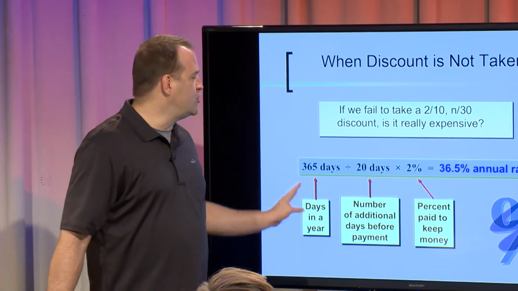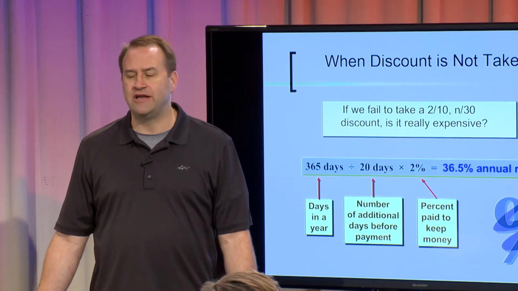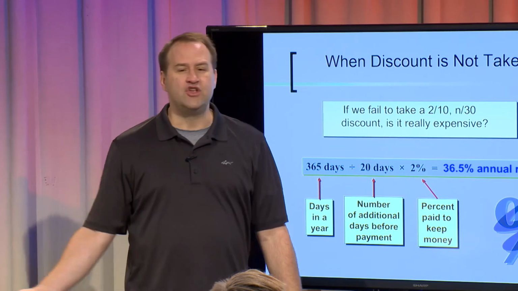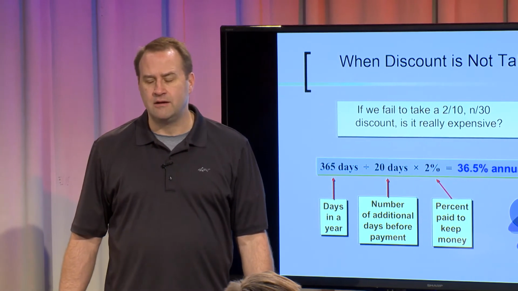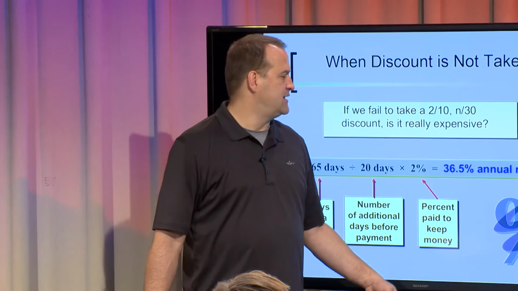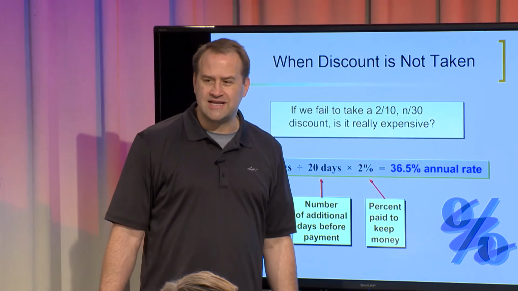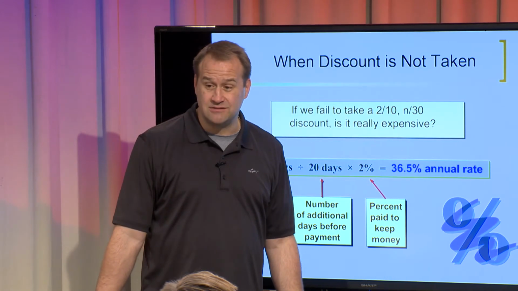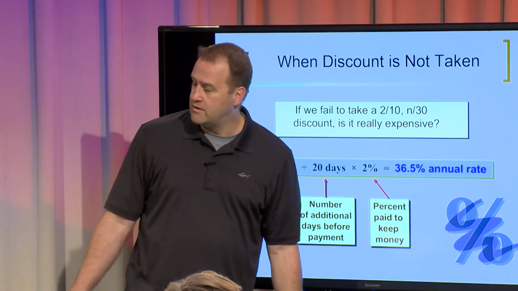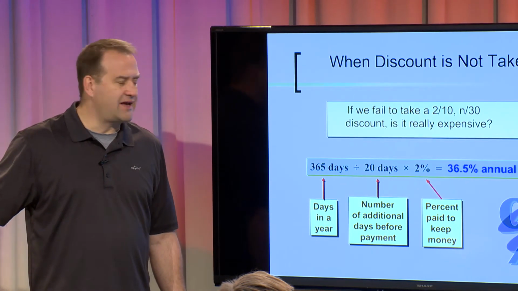Well, when you miss discounts, you're essentially financing your inventory, if it's these terms, 2/10 net 30. When you miss the discount period and don't take that 2% off, you're essentially financing your inventory at 36.5%, which is not smart, is it? Follow me?